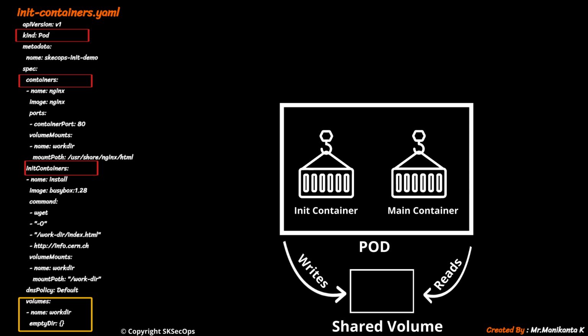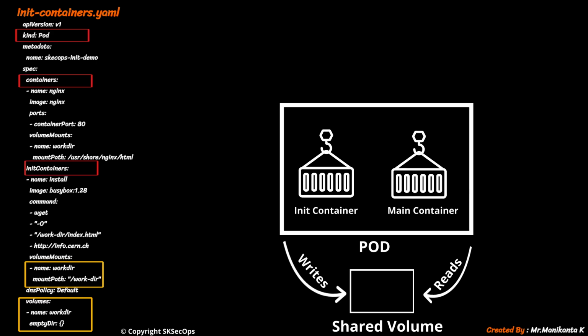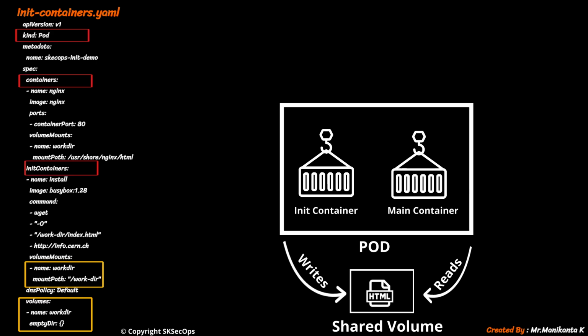In the init container section, we are using the busybox image, which is a small Linux image. It runs the command wget to download a web page index.html from the InfoCern website into the shared volume folder /workdir.